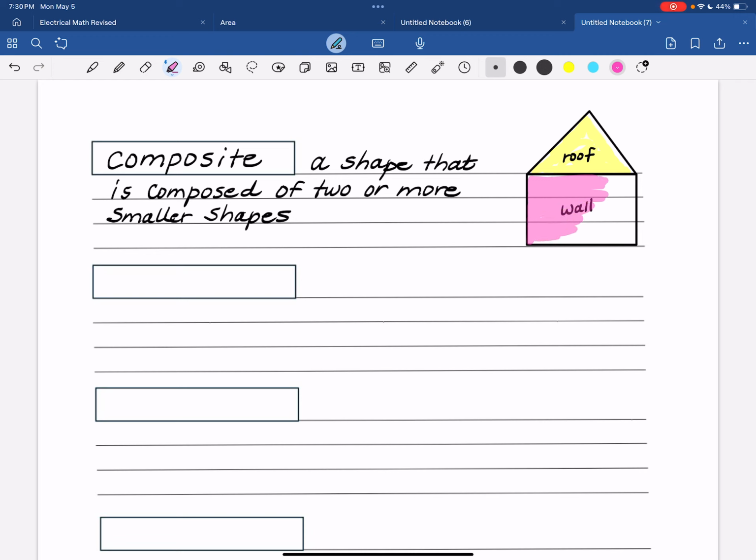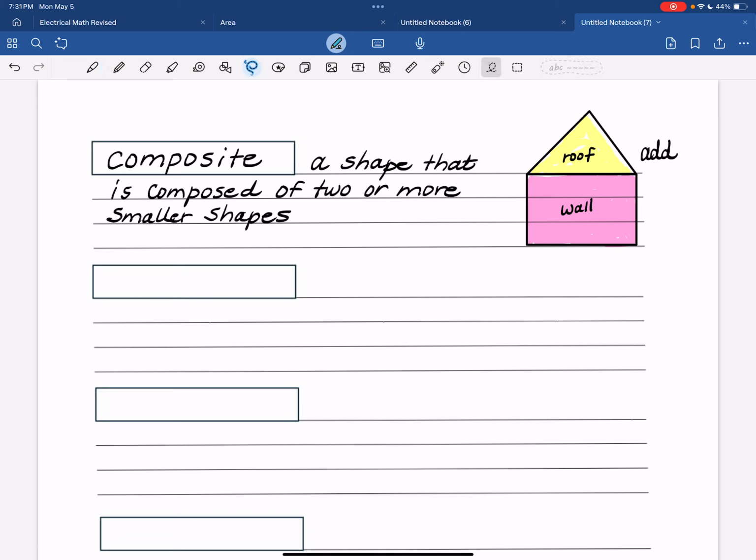If you have a problem with this kind of image, do you think you would be adding or subtracting to find the area? This one is most always an addition problem. You would find the roof, the wall, and then add those together.